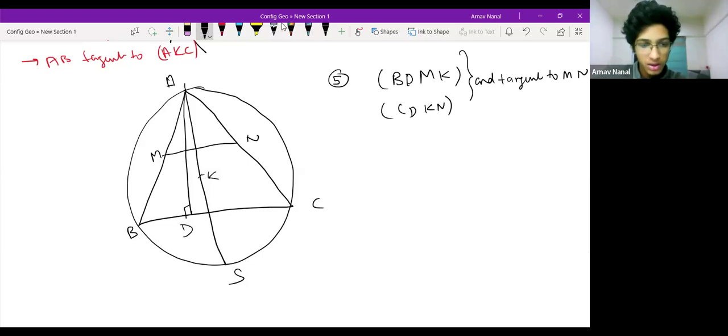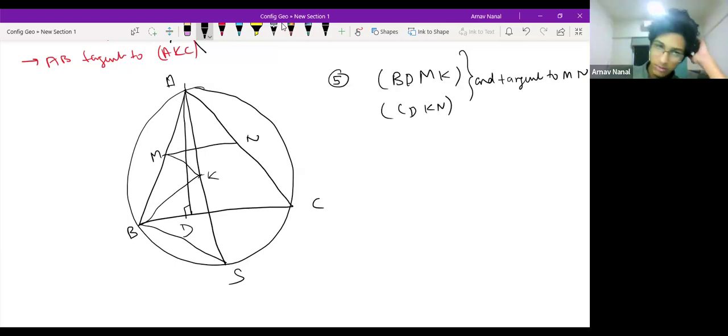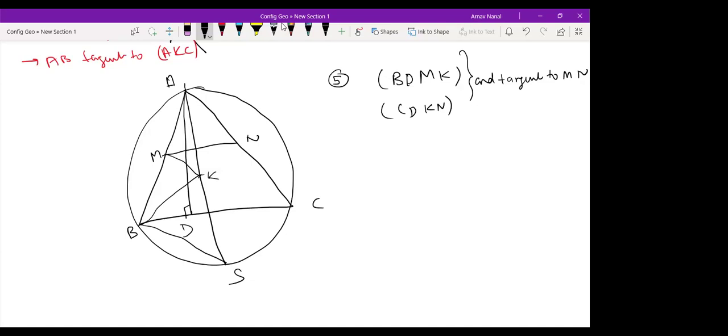So this is probably angle chasing unless anyone gets another proof. I'll give you some time to try. Anyone who has any ideas can just speak out. MN at the midpoints, yes, I forgot to mention.